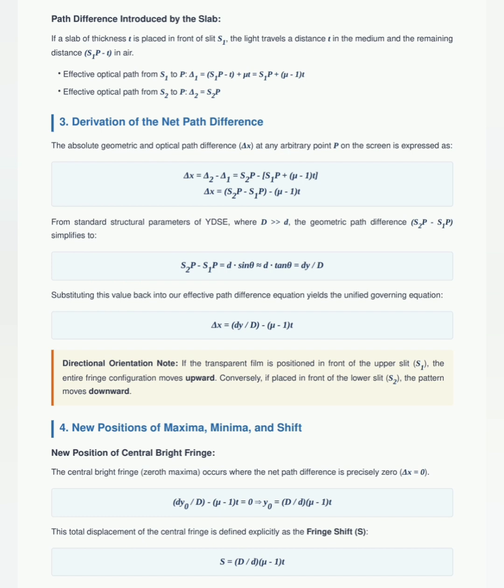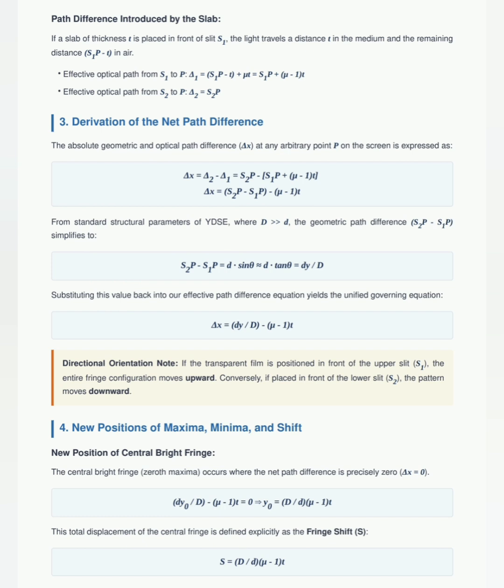So let's see how we can calculate the new position of the central bright fringe. We know that for the central bright fringe, that is the 0th maxima, the net path difference is exactly 0. So if we put delta x equal to 0, and write y as y0, because that is the distance of the central fringe from the main center, then dy0 by capital D minus (mu minus 1)t equals 0, and we get y0 equal to capital D by small d multiplied by (mu minus 1)t.